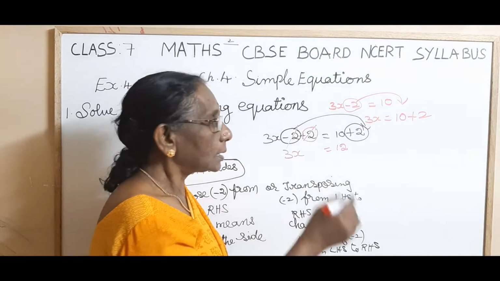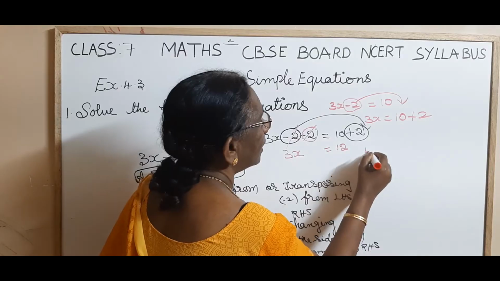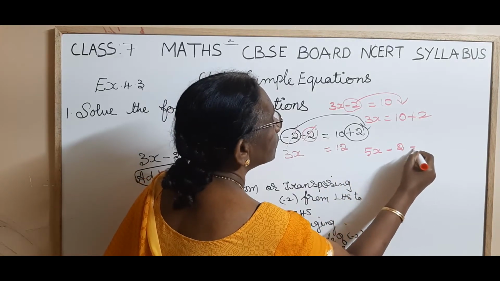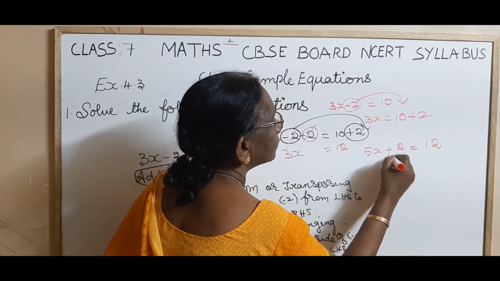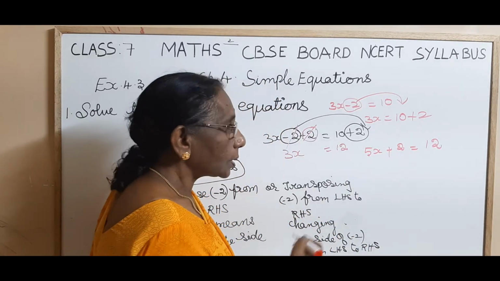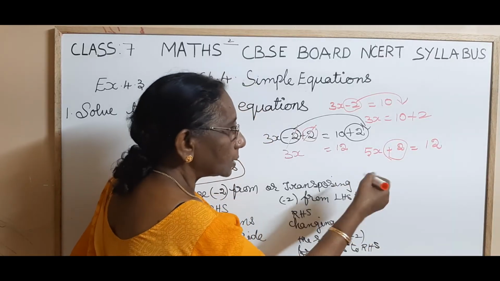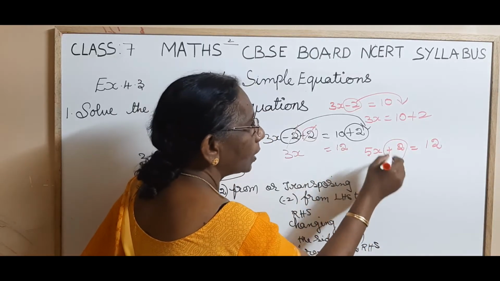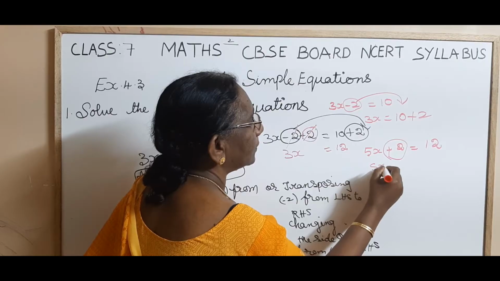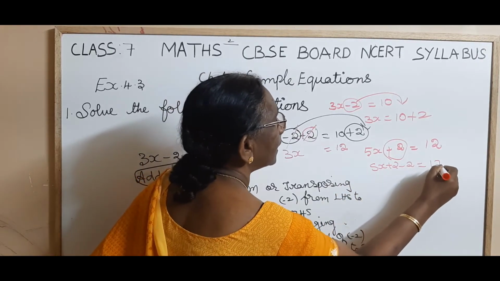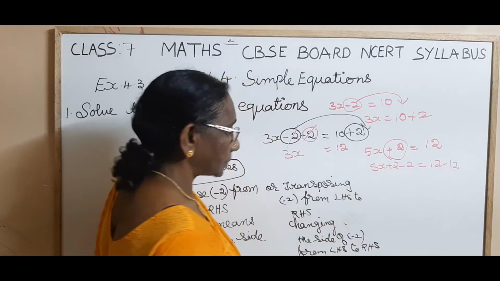Is it clear? In the same way, suppose you have 5x plus 2 is equal to 12. So here we have to eliminate this 2 first, isn't it? So this plus 2, what will you do? You will subtract: 5x plus 2 minus 2 is equal to 12 minus 2.